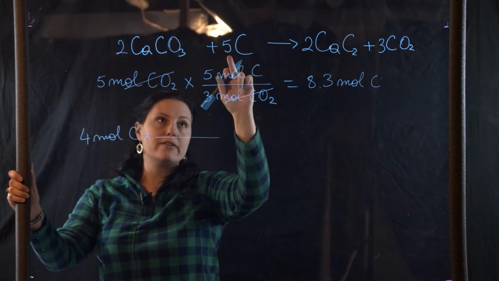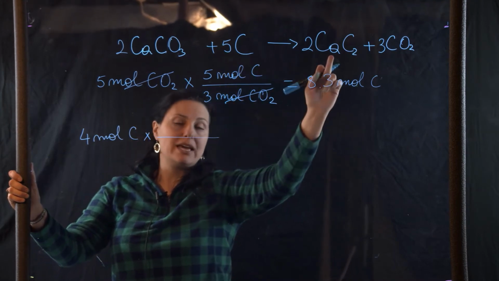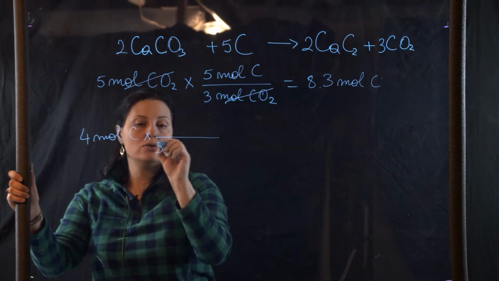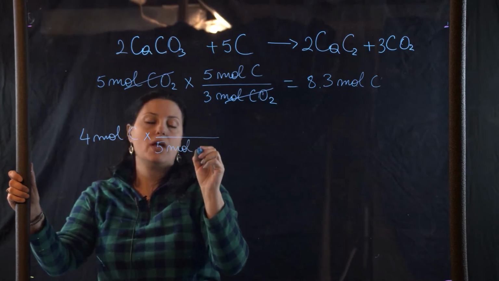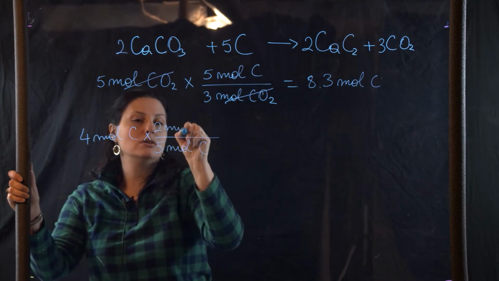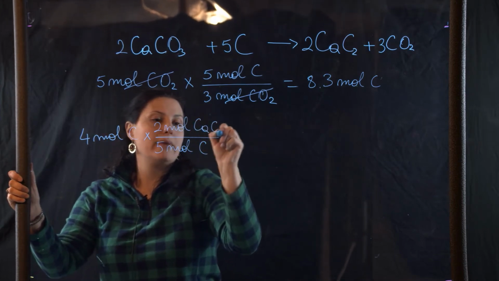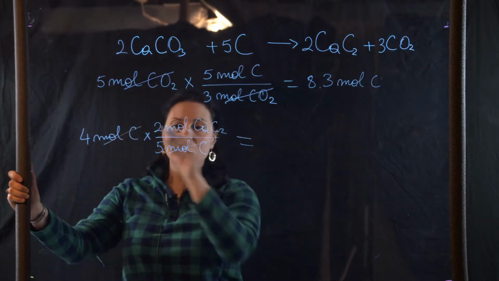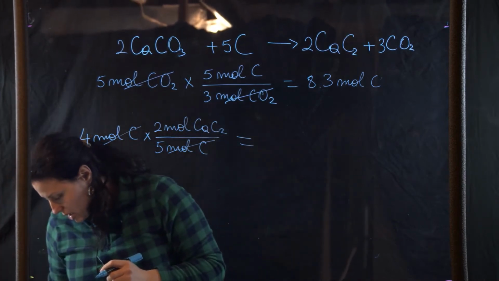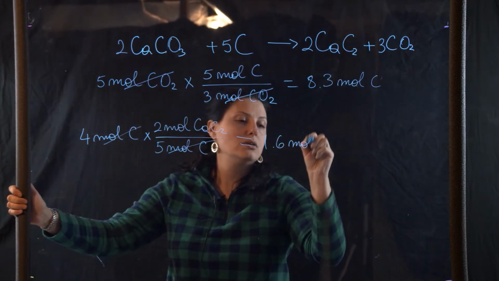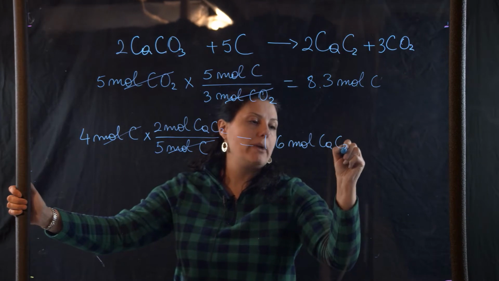I know that for every 5 moles of carbon, I make 2 moles of calcium carbide. So 5 moles of carbon go at the bottom, and 2 moles of calcium carbide at the top. My moles of carbon cancel, and if I do this calculation, I get 1.6 moles of calcium carbide.